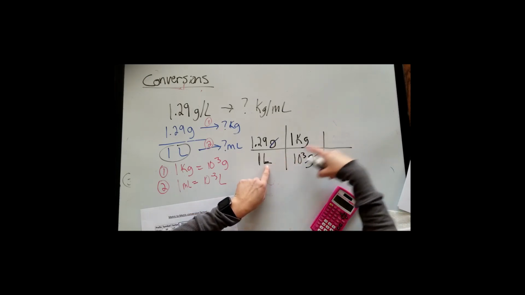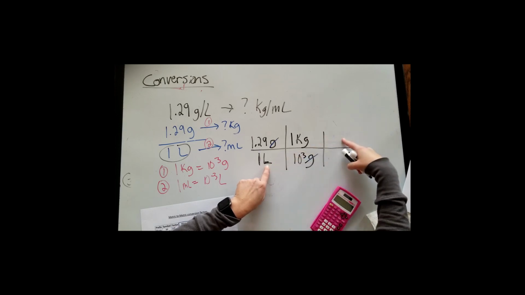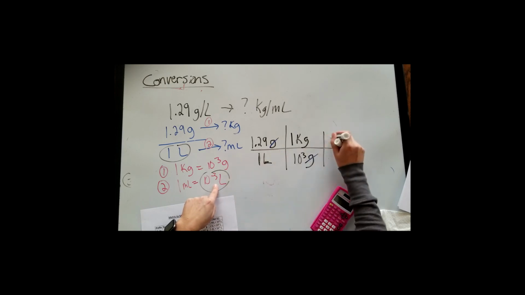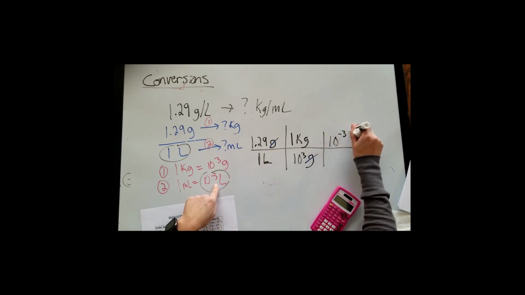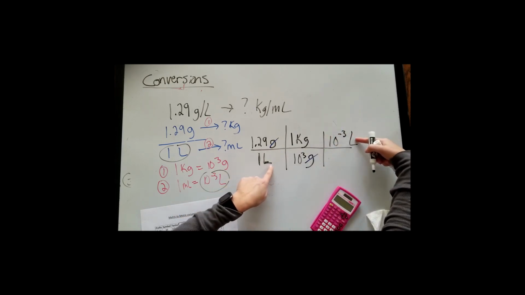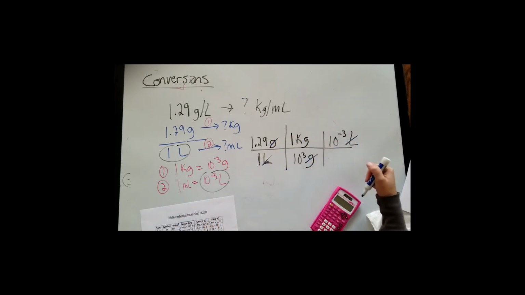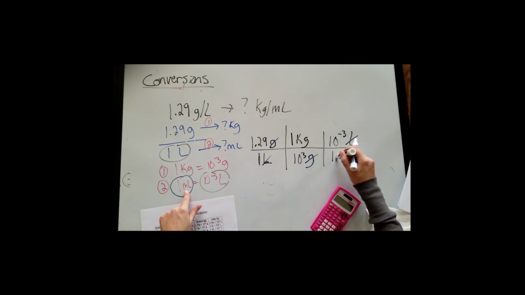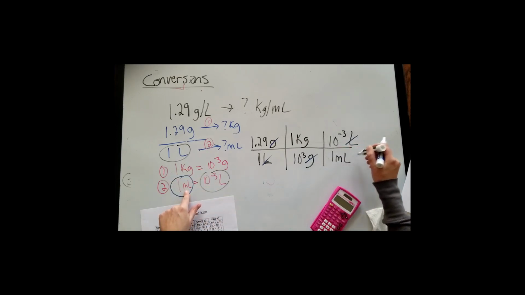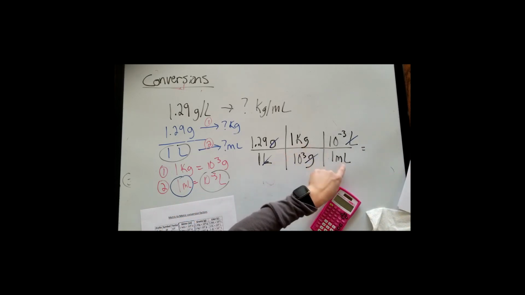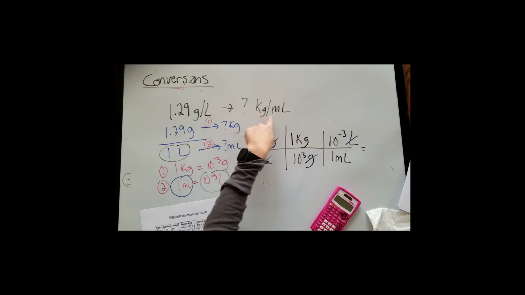And remember, we just need them on opposite sides of the horizontal line. So that means this liter portion, the 10 to the negative 3rd, needs to go on the top so that these liters are on opposite sides of the horizontal line and they cancel. That's going to put the other portion of the conversion factor, the 1 milliliter, on the bottom. And that's good. That's what I want because the units are kilogram per milliliter. So we're good there.